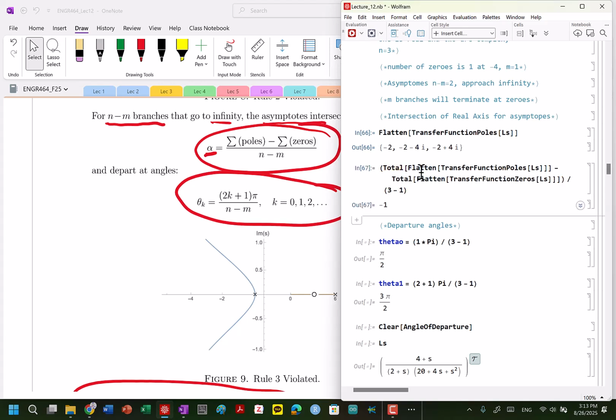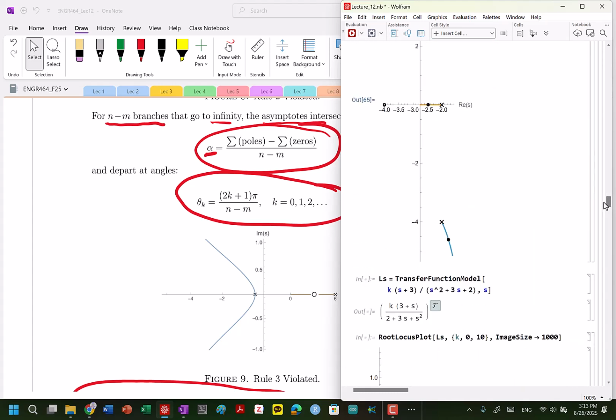So this is saying that the asymptotes, where those poles go off to infinity, will intersect at -1.